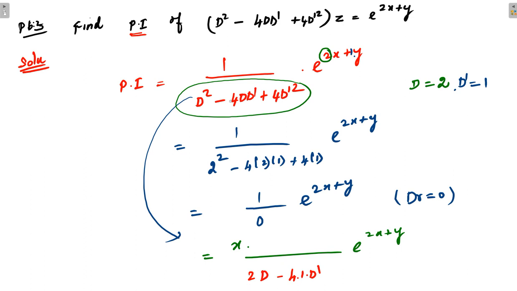If you differentiate 4xy with respect to x partially, you get minus 4y only. So 2D minus 4D dash, which is equal to x times 1 by 2D minus 4D dash, into e power 2x plus y.